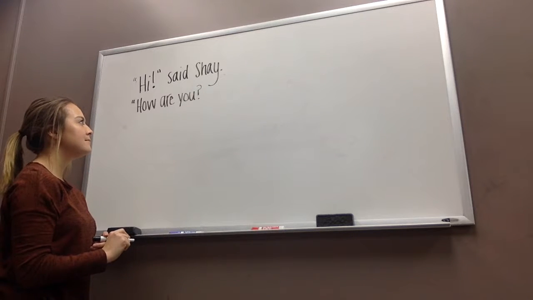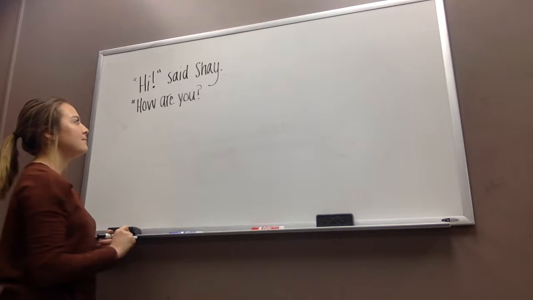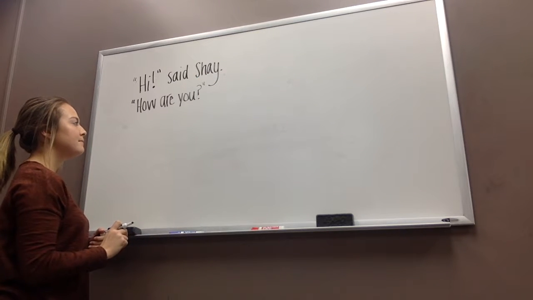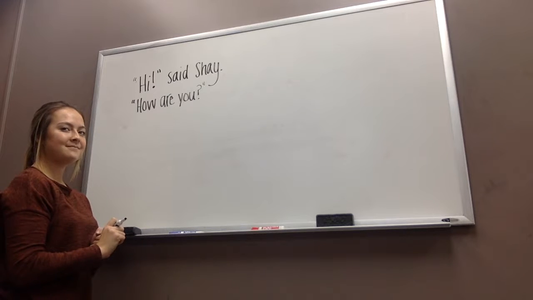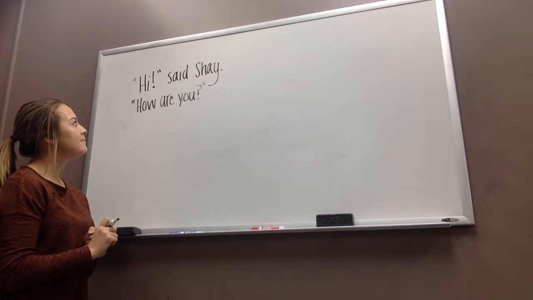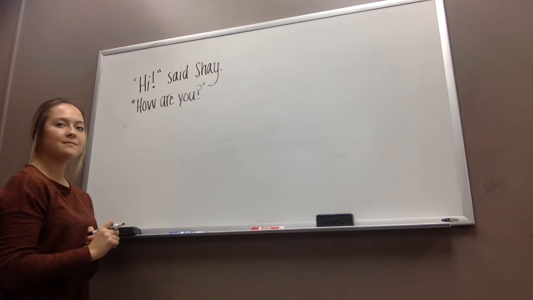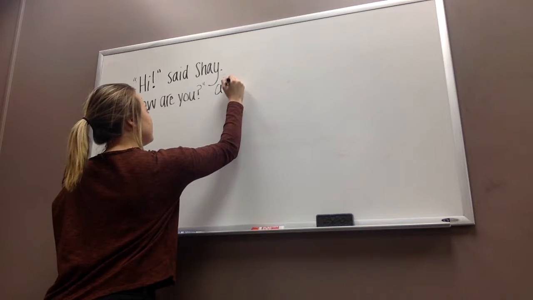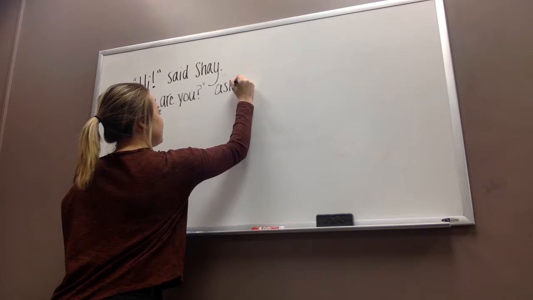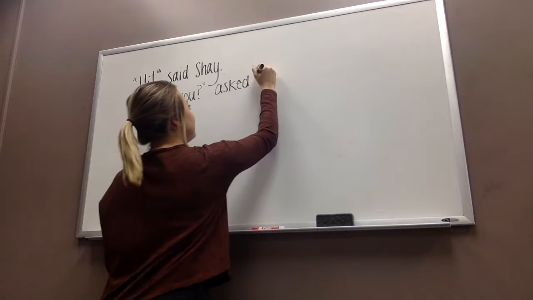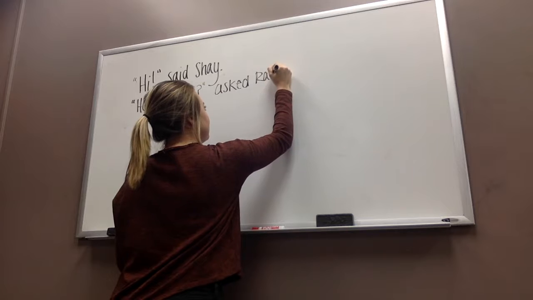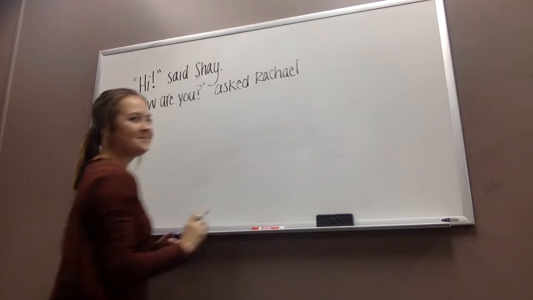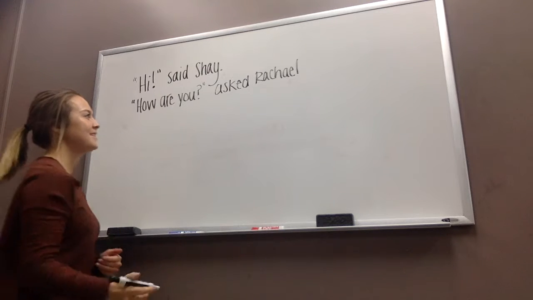And then you have to have more quotations at the end. And then, since Shay said it first, I want to say asked. Okay. And then you need a period after my name.